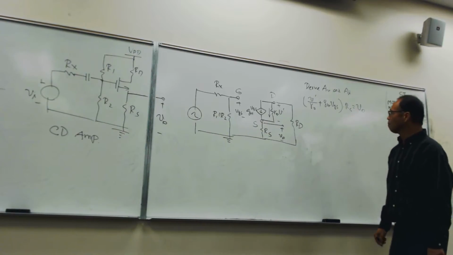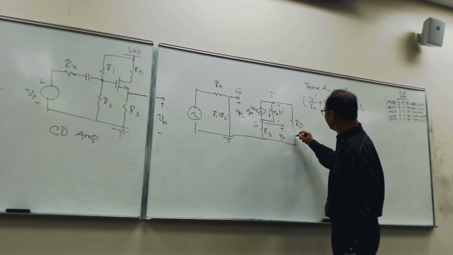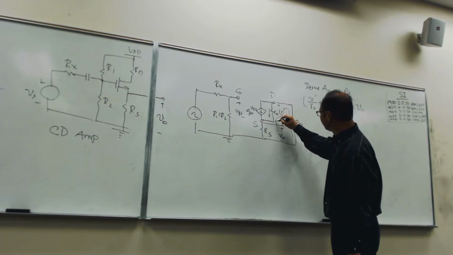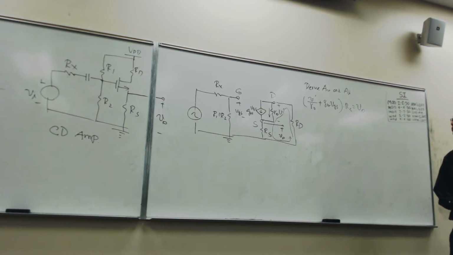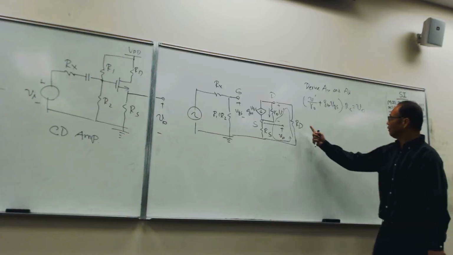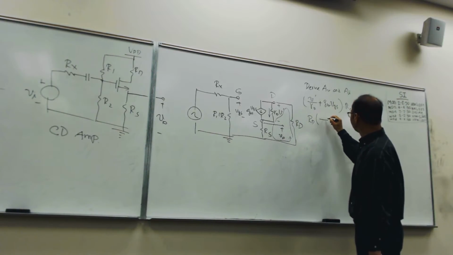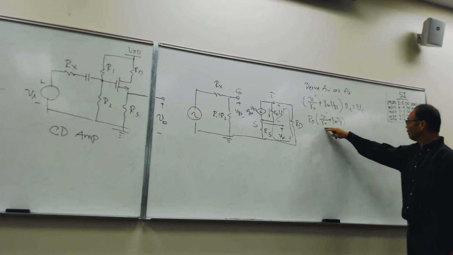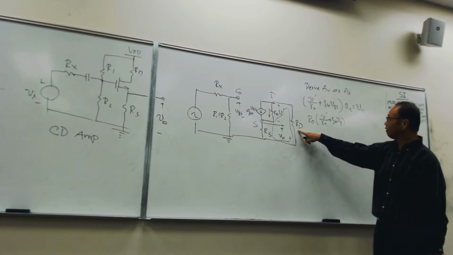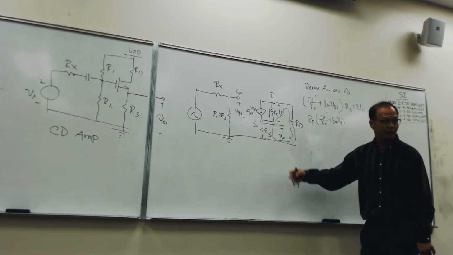Okay, now if you look at this loop, this current going through R sub D is that current, right? The same. Correct? It's the current going through R sub D, also going through R sub S, same current.